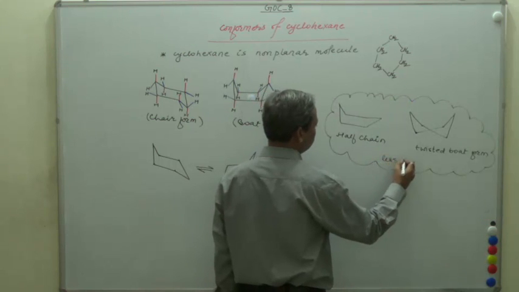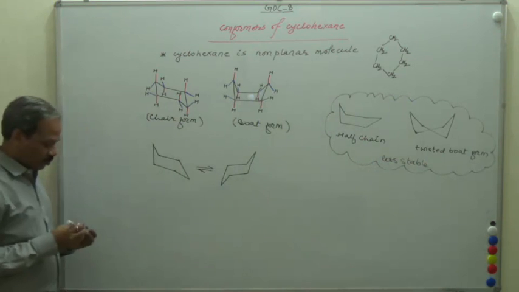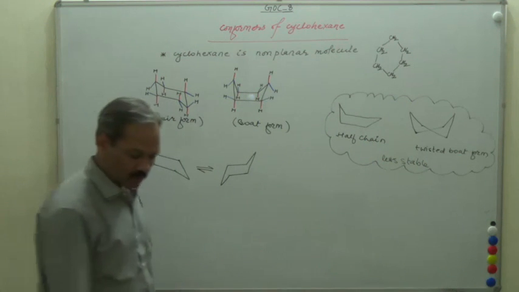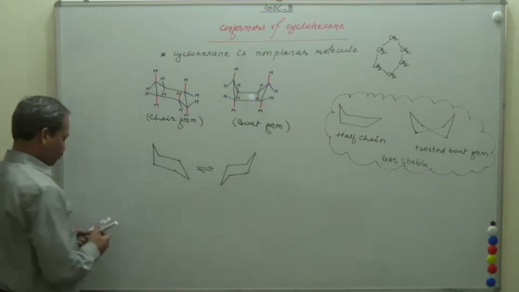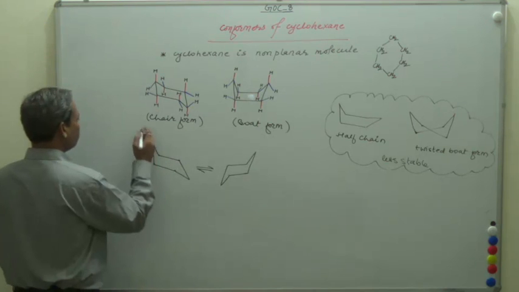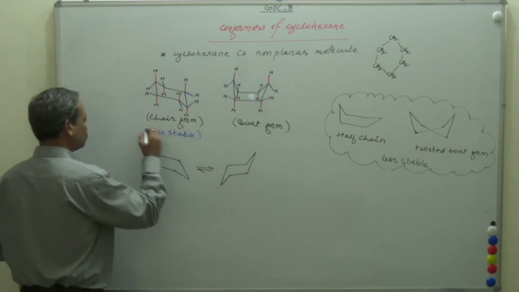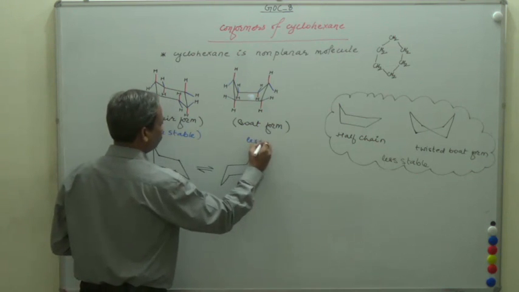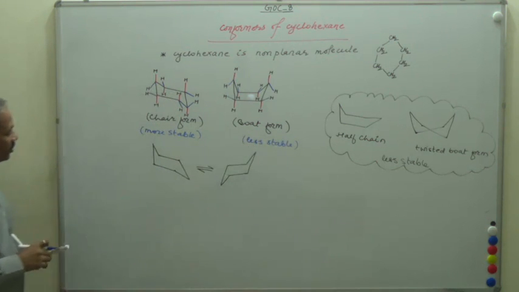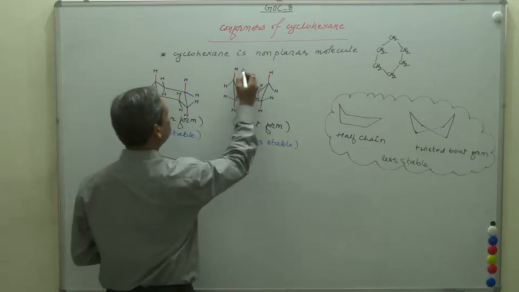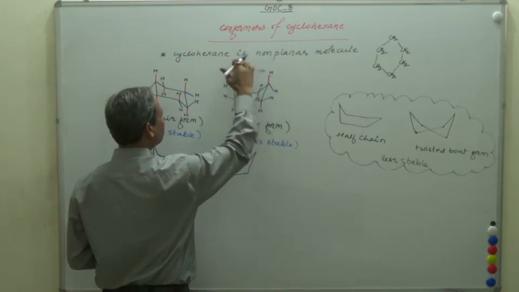These two are the more dominating forms of cyclohexane, chair form and boat form. So chair form is more stable and boat form is less stable, because in boat form there is more repulsion between these flagpole hydrogen atoms.